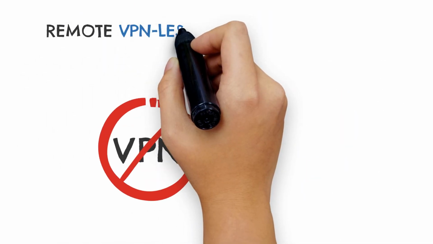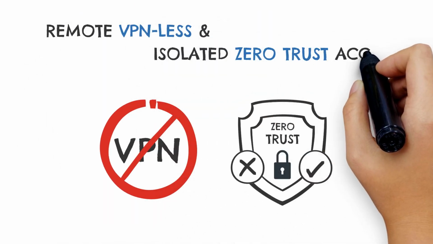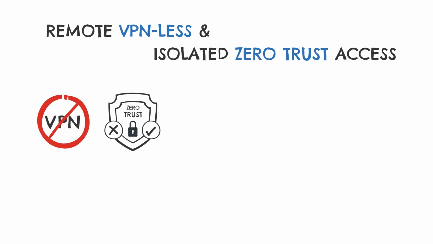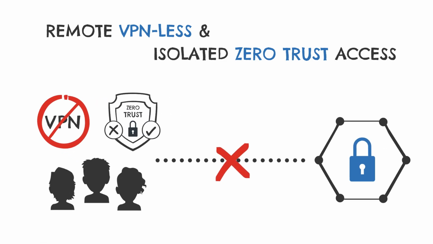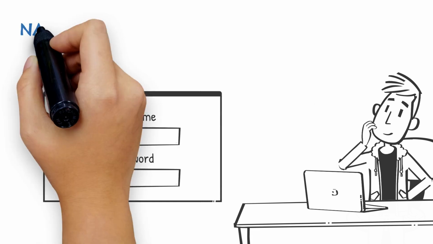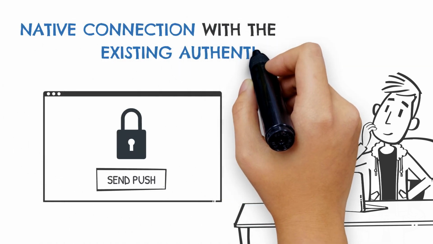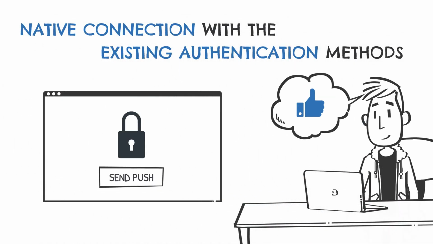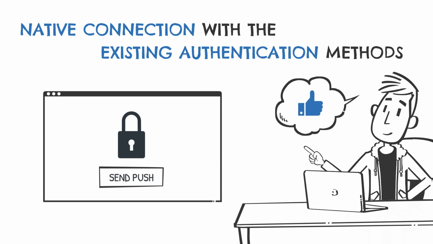Remote VPN-less and isolated zero-trust access allow end users to connect to remote private networks without direct inbound connectivity. The service allows end users to connect with your organization's existing authentication methods in a native, browserless fashion.